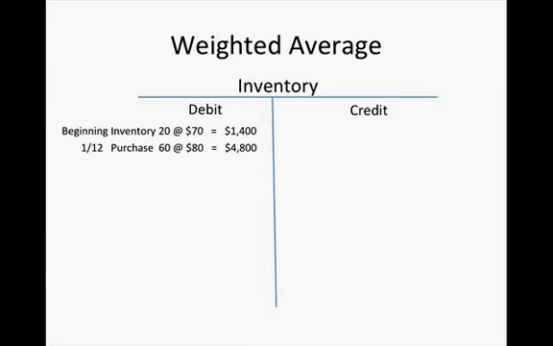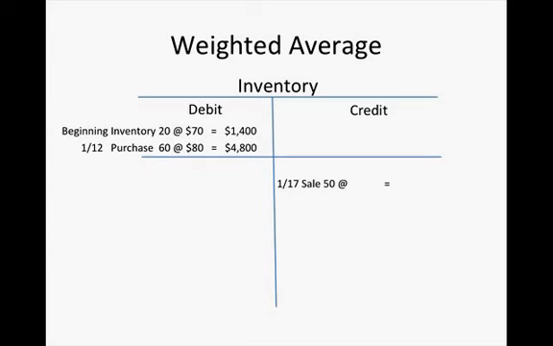The third transaction is the January 17th sale of 50 units. Leave enough room to put subtotals in the debit column. We will be calculating the weighted average cost of the units in inventory just prior to the sale. Draw a line to indicate a subtotal.